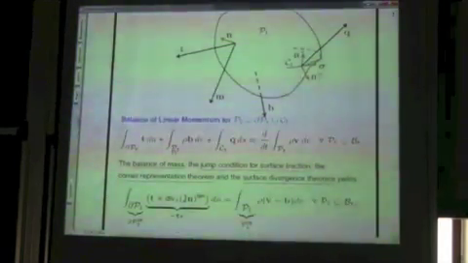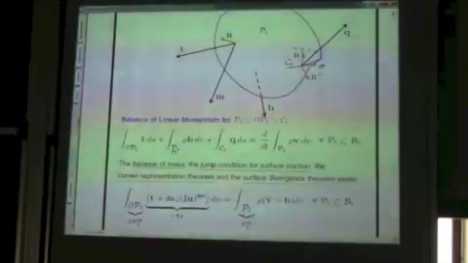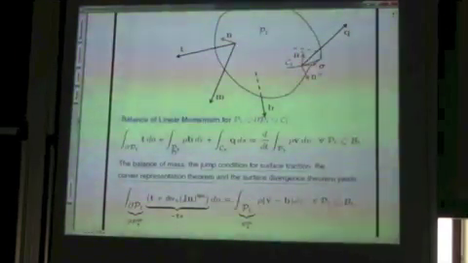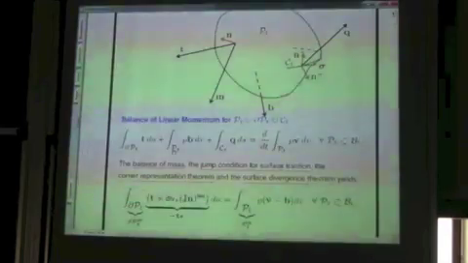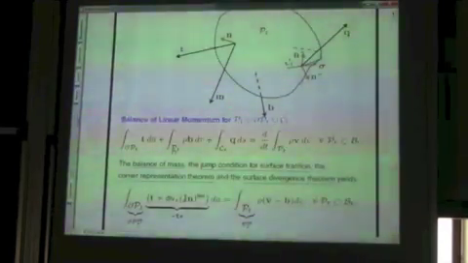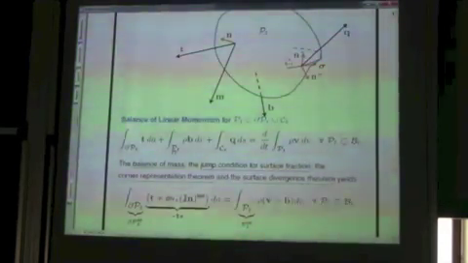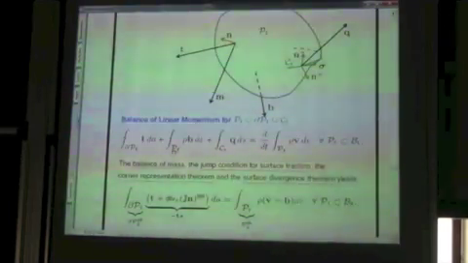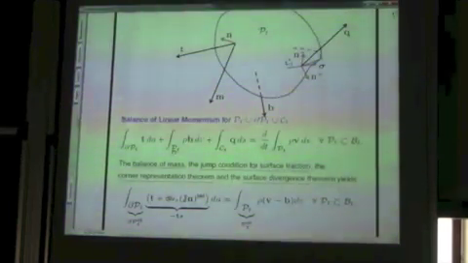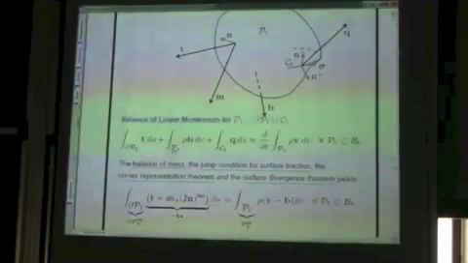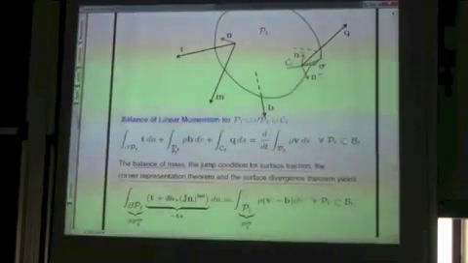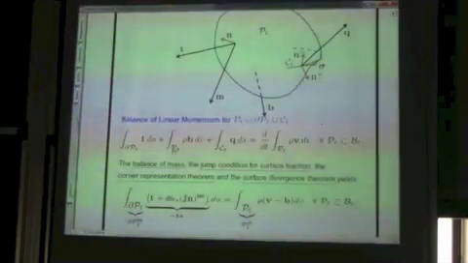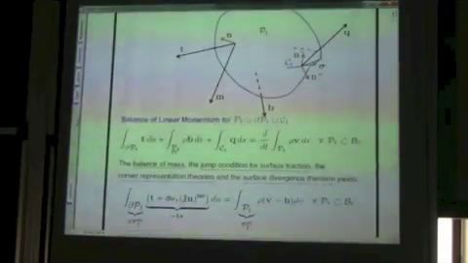To be suggestive, I put this boundary of P of T interior there. It is the limit of the interior volume to the boundary. The interior volume is an open set. The surface part P of T union C of T is the rest of the body.